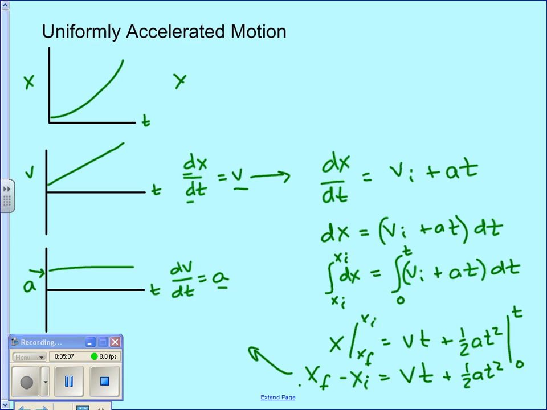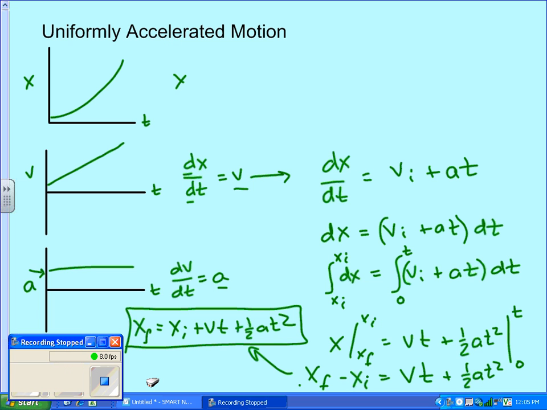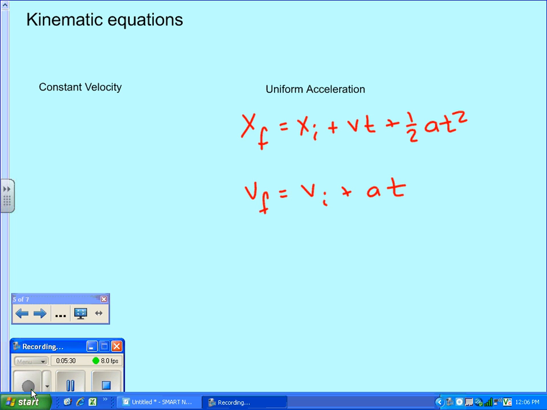Sometimes you'll see it written this way: xf equals xi plus vi t plus 1/2 a t squared. That's your second kinematic equation, an expression for position for something under constant acceleration.